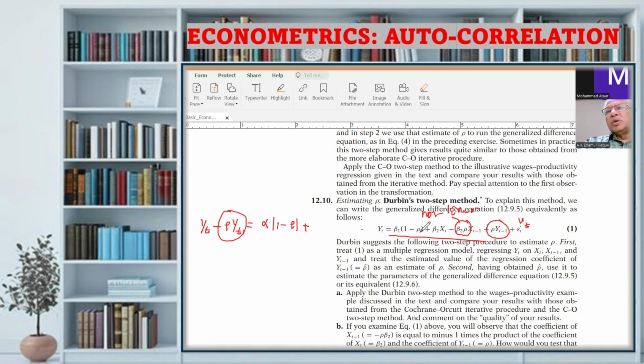You have to estimate rho as well, and that is where it is non-linear. So in a non-linear model, using OLS does not work. This is why Darwin's two-step method, which is also very popular, is something I no longer rely on, because it's a non-linear model. If the model is non-linear, then you should not use OLS, because OLS is based on a linear model.